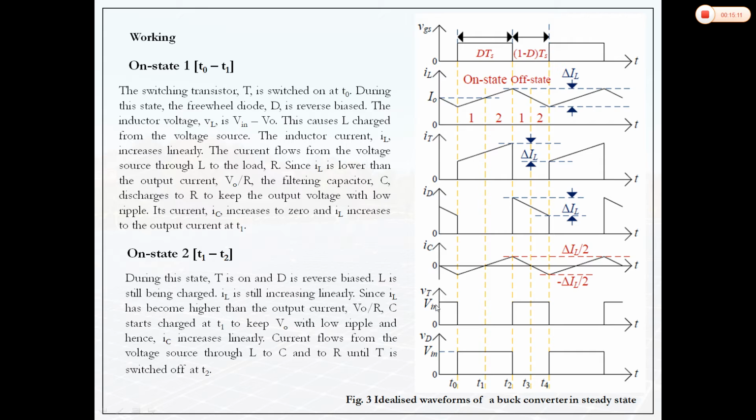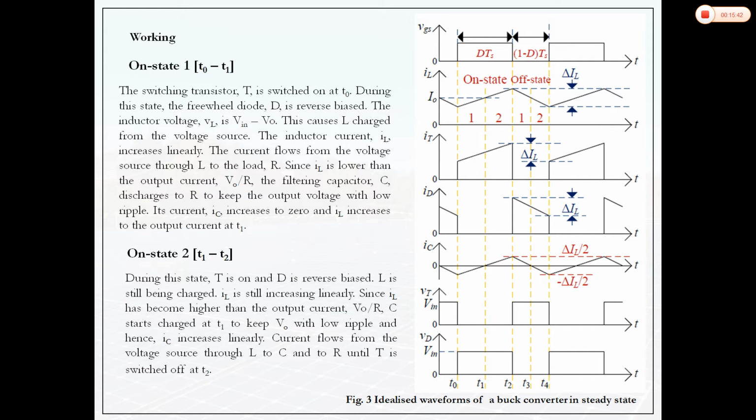So you can see that the voltage across the MOSFET, once it is conducting, is 0. Once the switch is turned off, the voltage across the switch will be V in. Similarly for the diode, once the MOSFET switch is conducting, or on time, the voltage across this will be V in because it is open circuited, and during off time it is conducting, so the voltage across this will be 0.